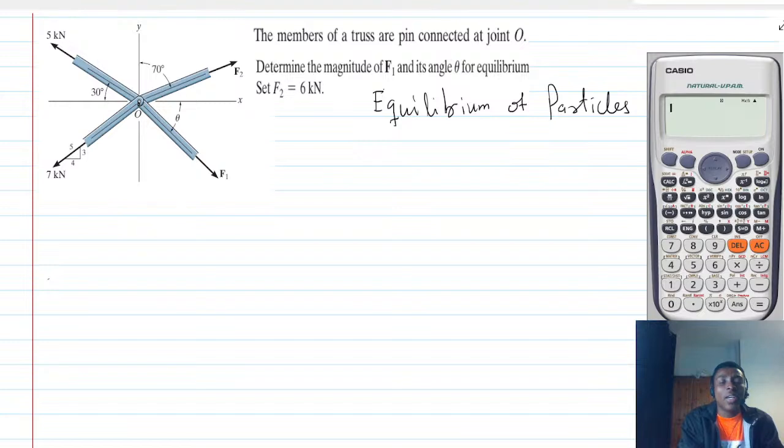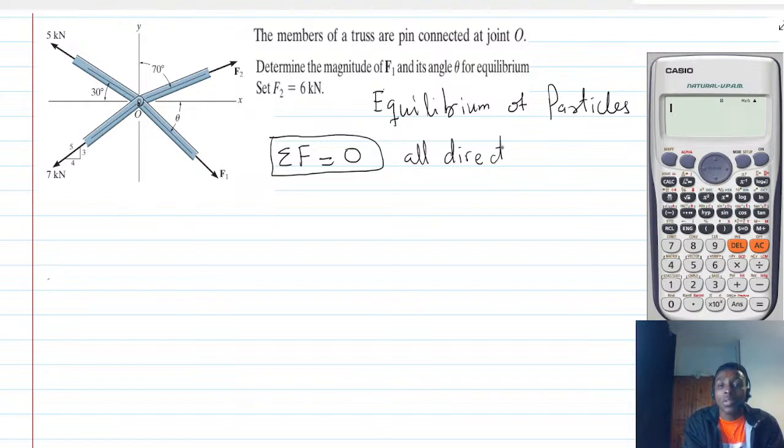For a particle to be in equilibrium, we need to satisfy that the summation of forces in all directions is supposed to be zero.